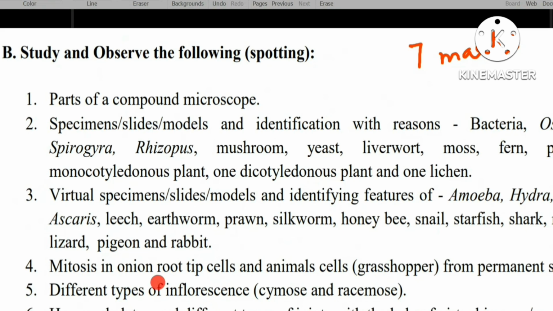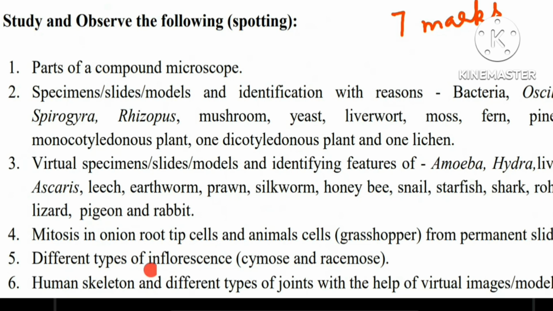And then comes mitosis in onion root tip cells and animal cells. They all permanent slides will be kept and they have to be identified and features have to be written. Then different types of inflorescence, a human skeleton, different types of joints with the help of virtual images. So all these will be the spotting experiments for 7 marks.